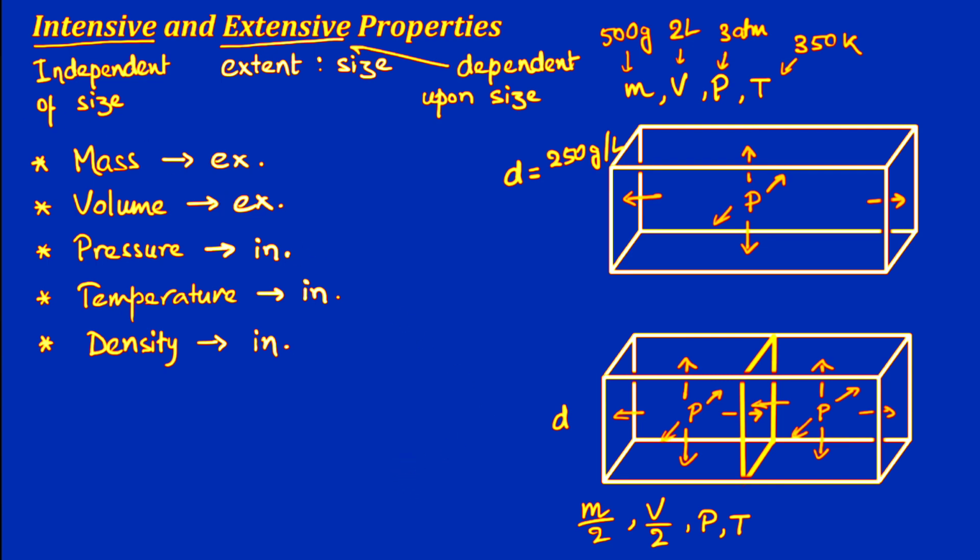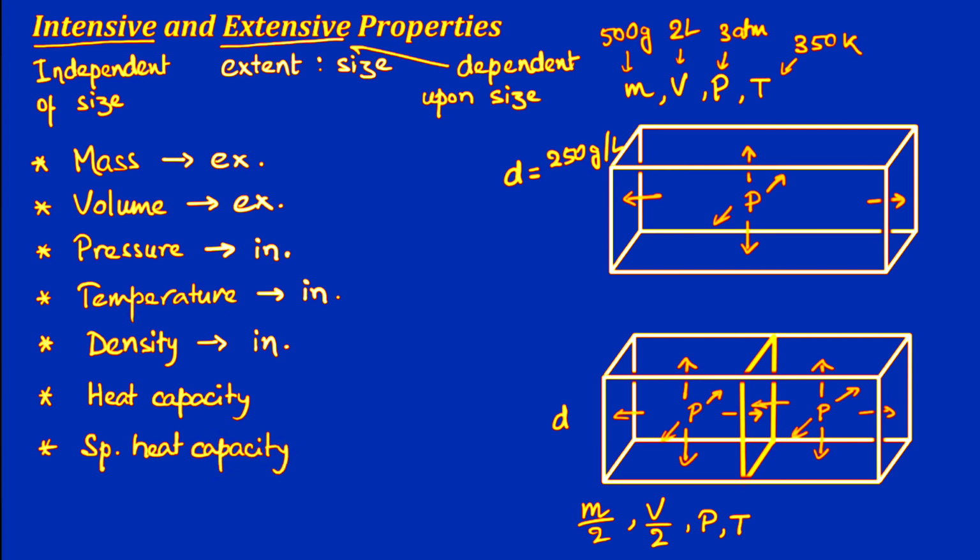We use some more properties in thermodynamics. For example, we have heat capacity, a property which we use in thermodynamics, and we have another property, that is specific heat capacity.